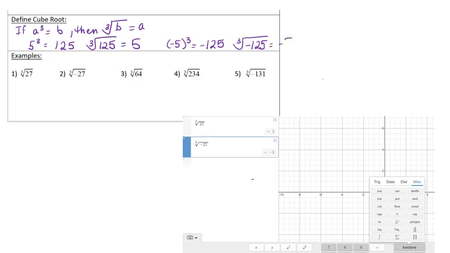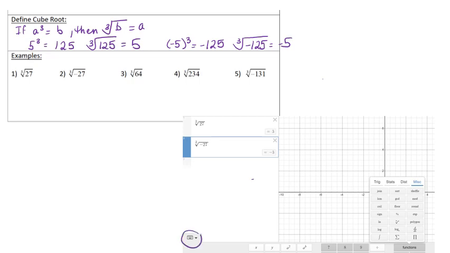It's negative 5. So when you find the root of a cube root, it can be positive and it can be negative. Your solution is going to match the question. So for instance, the cube root of 125 is a positive 5, but the cube root of a negative 125 is a negative 5.